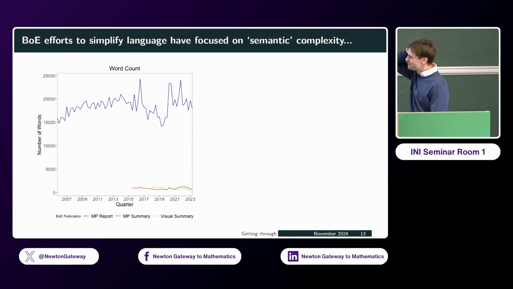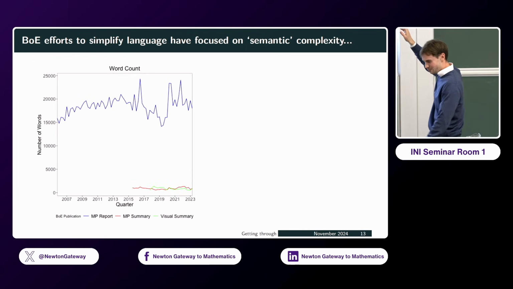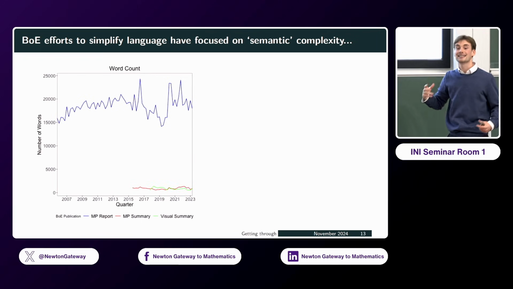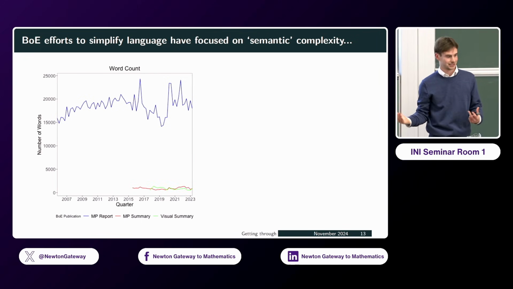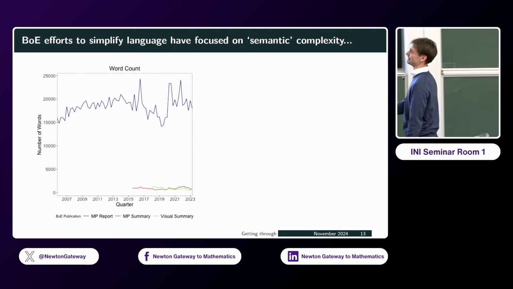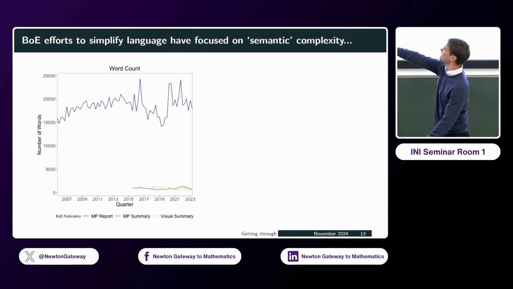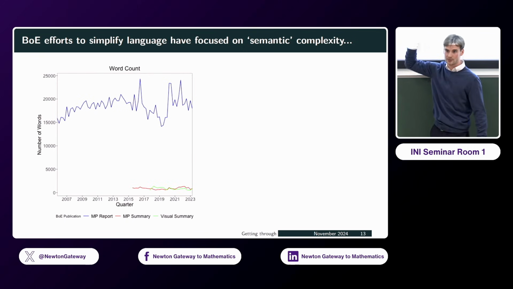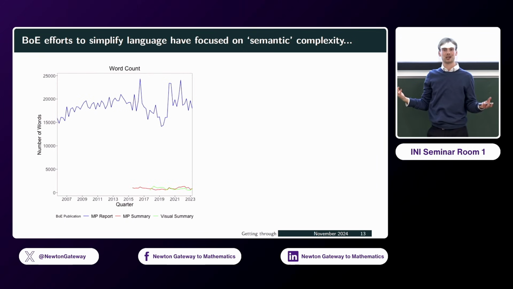Okay, so I'm going to plot some. We can essentially plot for Bank of England publications the complexity of their communications over the last 20-ish years. And we see, quite interestingly, this is just the number of words, this increase in word count. Focusing on the blue line to start with, this is the flagship quarterly report. We see the first revolution in central bank communications.